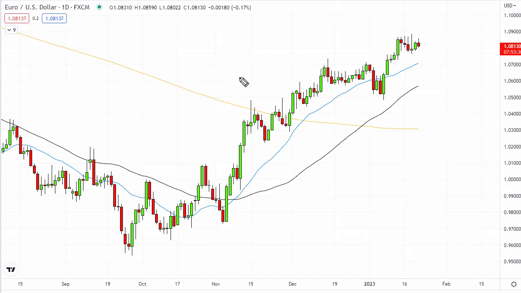So it doesn't matter if a currency actually only moves 0.5% in a day or 1% in a week. It's the point moves, or pips as we call them in currencies, that are important.